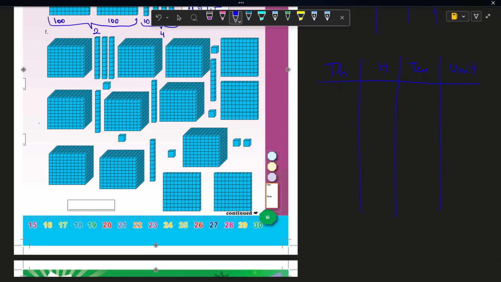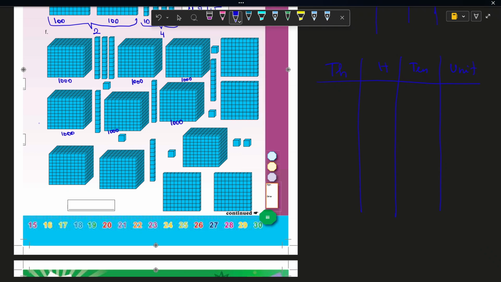So let me write below. What's the name of this object? It's 1,000. What about this one? It's also 1,000. Let me go to the next one. Here is 1,000. And where is the next 1,000? It is here. The next one is also here. The next one is right here.